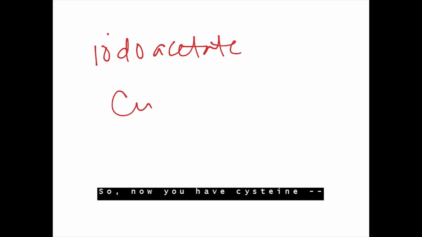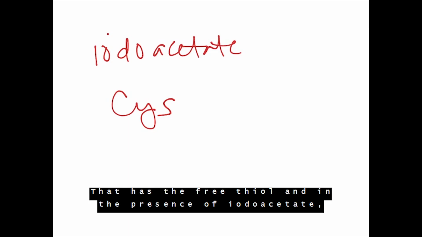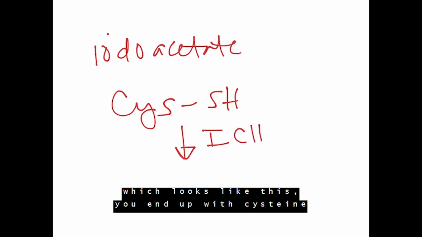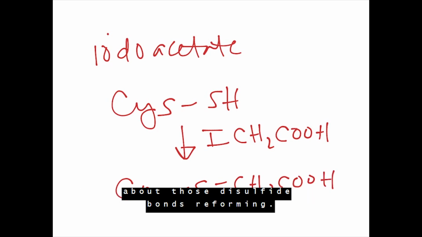So now you have cysteine that has the free thiol, and in the presence of the iodoacetate, which looks like this, you end up with cysteine with the acetyl group on it. So now you don't have to worry about those disulfide bonds reforming.